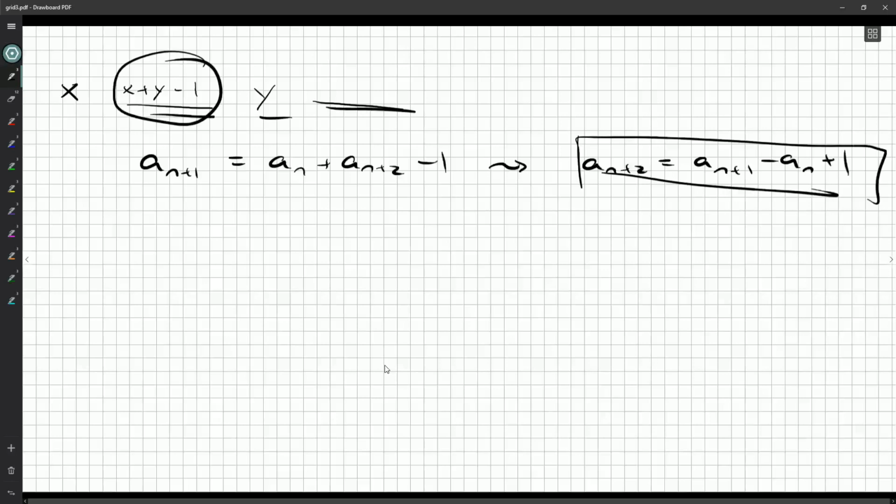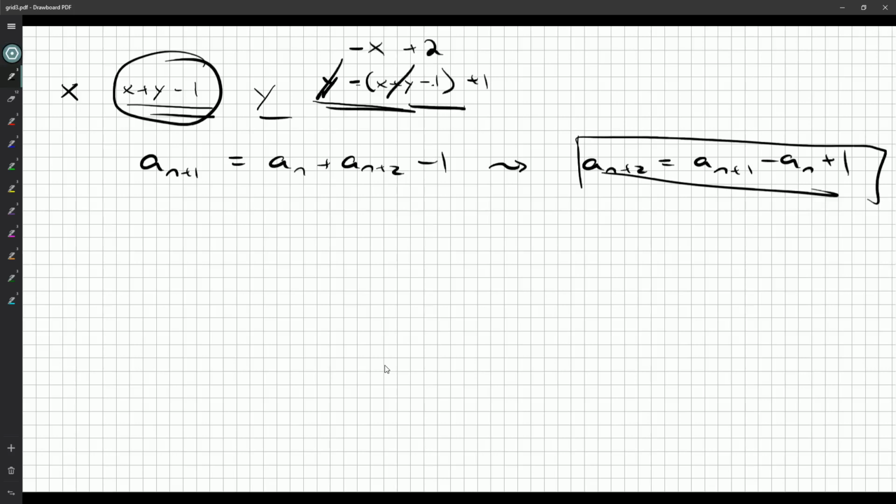So why can't I just use this formula? So that'll mean this will be y minus x plus y minus 1 plus 1. And so we'll get y minus y, a minus x, and then minus 1 plus 1 is a 2. I can see even this is going to get kind of annoying.